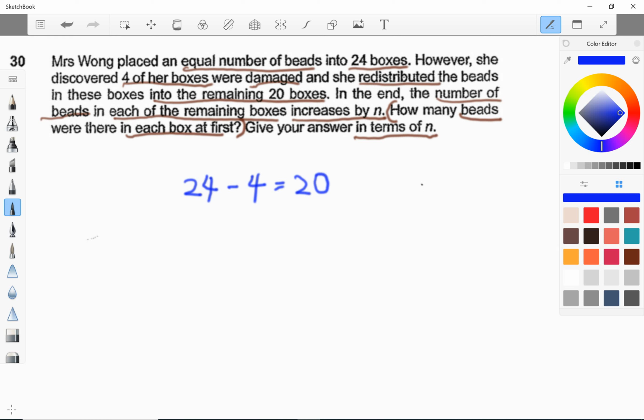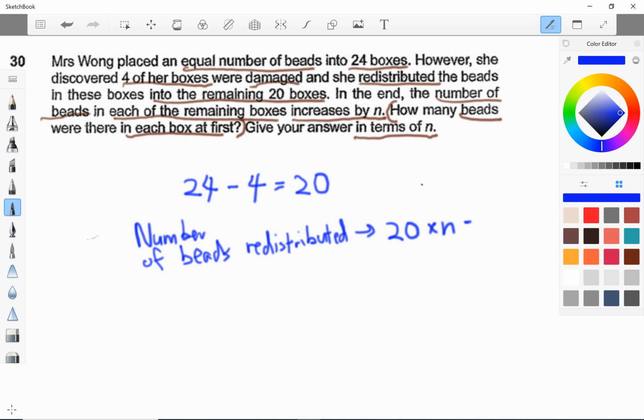And if the number of bits in each of the remaining boxes increases by n, this will mean that the number of bits that were redistributed, let me just write this down, number of bits redistributed has got to be 20 multiplied by n. 20n.